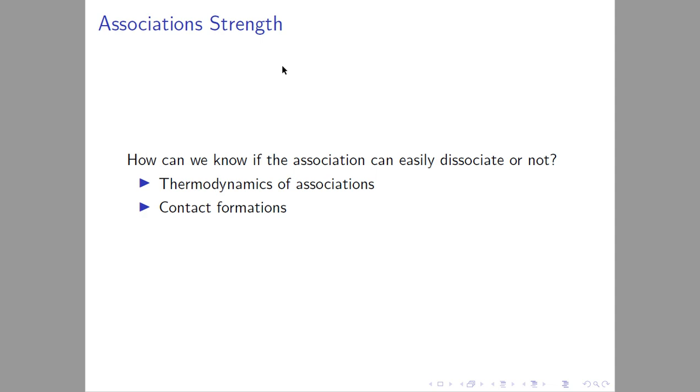So we look at the thermodynamics of association: what is the effect of the temperature on that association, and then the contact formation of the association, how the forces act in that association.